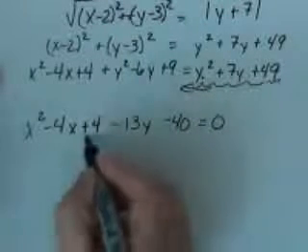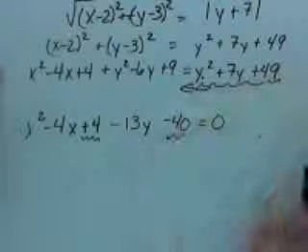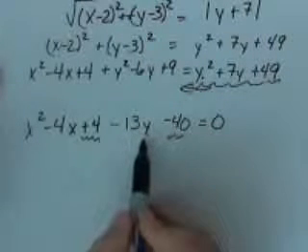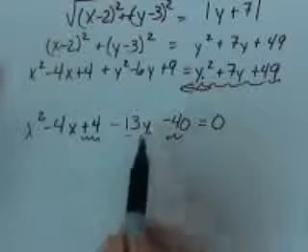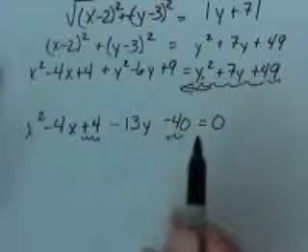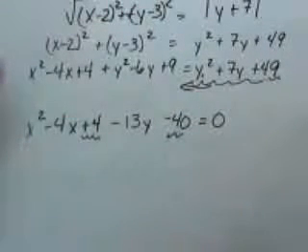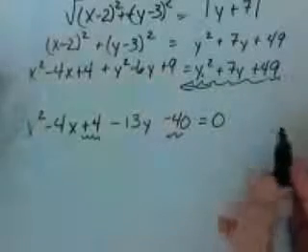Well, I can still combine these terms. And let's see what else is happening. It looks like I don't have any y squared terms anymore, do I? I only have a y. So what kind of thing is going to happen here? Do you know? Let's simplify that a little bit more.